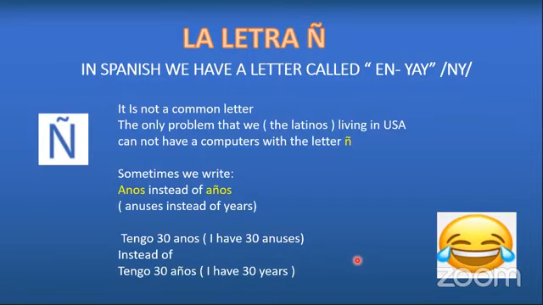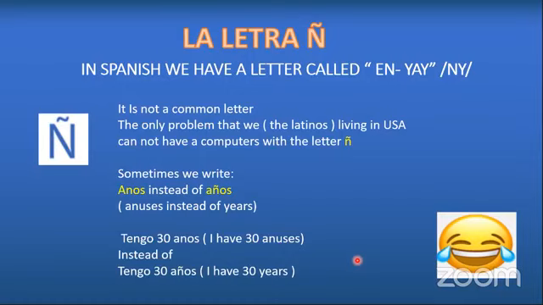The only problem that we, the Latinos, have living in the USA is that sometimes we don't have computers with the letter ñ. We don't know how to bring the letter ñ. We don't want to start typing ALT 164 to bring the letter ñ, and we just want to type fast.